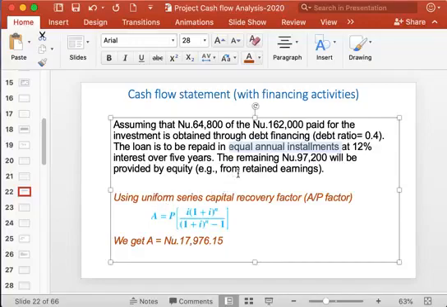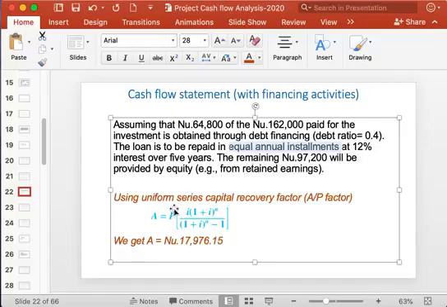So we are required to repay the loan in equal annual amounts.